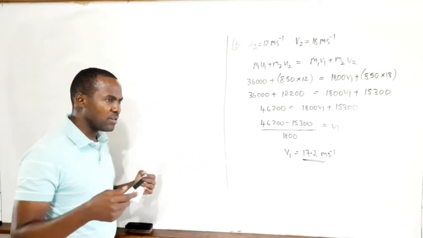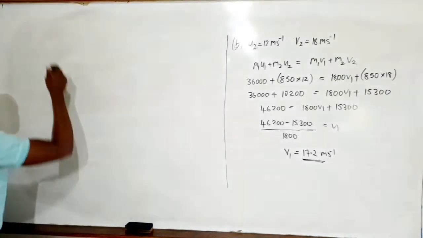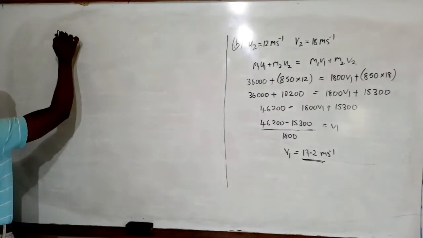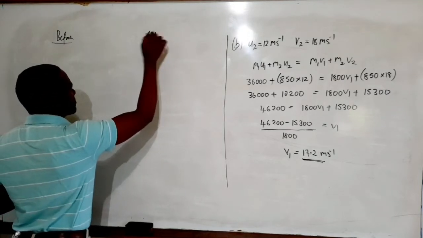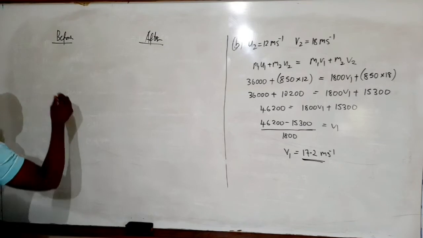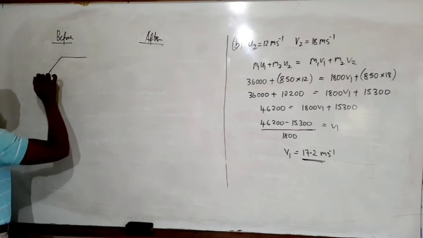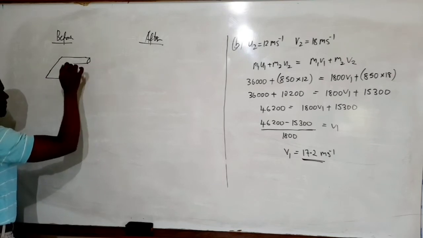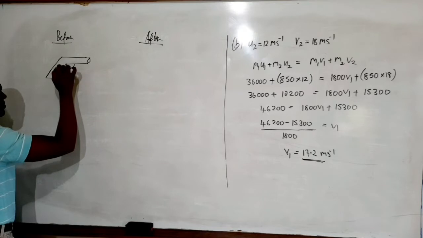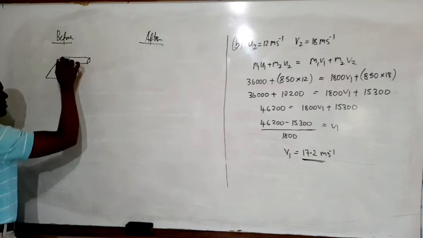Now let's use simple diagrams to represent the before and after situations, right? So before, after. I'll try my best to draw a gun or something resembling a gun. So that's our gun there, and inside we have our bullets.